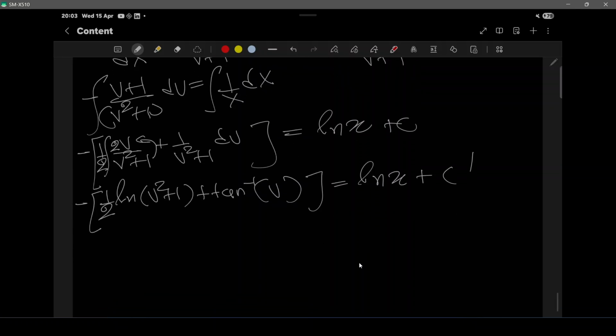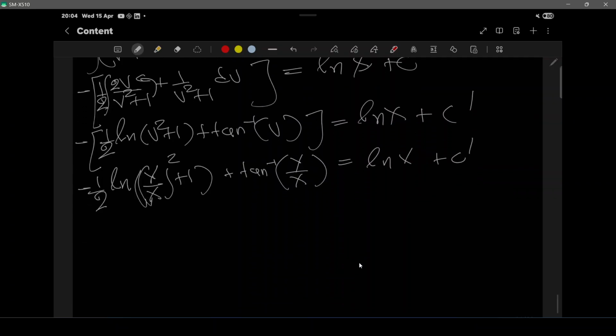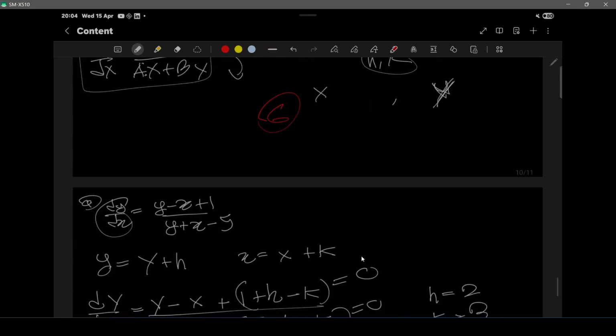If we replace v with capital Y over capital X, we get half ln of capital Y over capital X squared plus 1 plus tan inverse capital Y over capital X is equal to minus ln capital X plus c dash. We are not yet finished because x and y are not in the equation. Capital X and capital Y are things that we put. So we have to replace capital X and capital Y using this substitution.